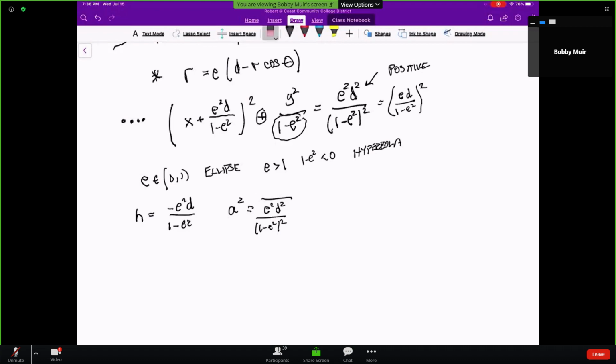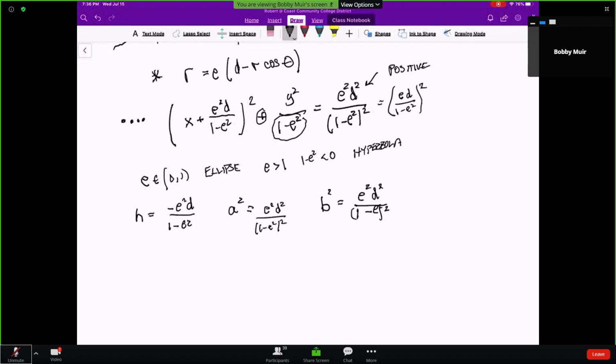Yeah, actually, the A squared is just that thing. I don't have to flip it over because I'm dividing through by it. Okay. And the B squared is going to be the E squared D squared all over the 1 minus the E squared squared.